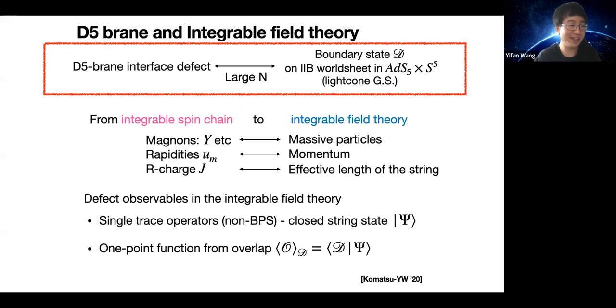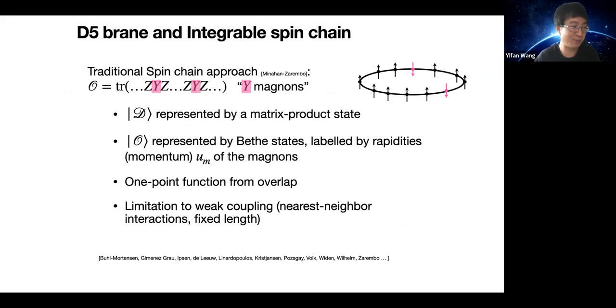the boundary and the interface defect will correspond to some boundary states for the worldsheet string. Traditionally, this kind of boundary state is described by the spin chain approach, which really boils down to analyzing dilatation operators in the gauge theory.